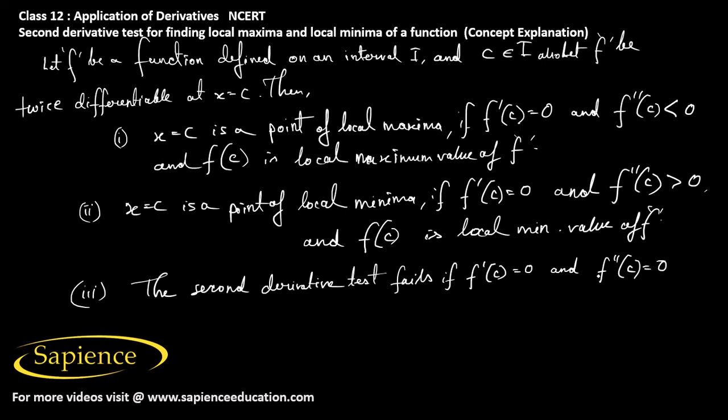If f double dash c is also equal to 0, then we use the first derivative test only.